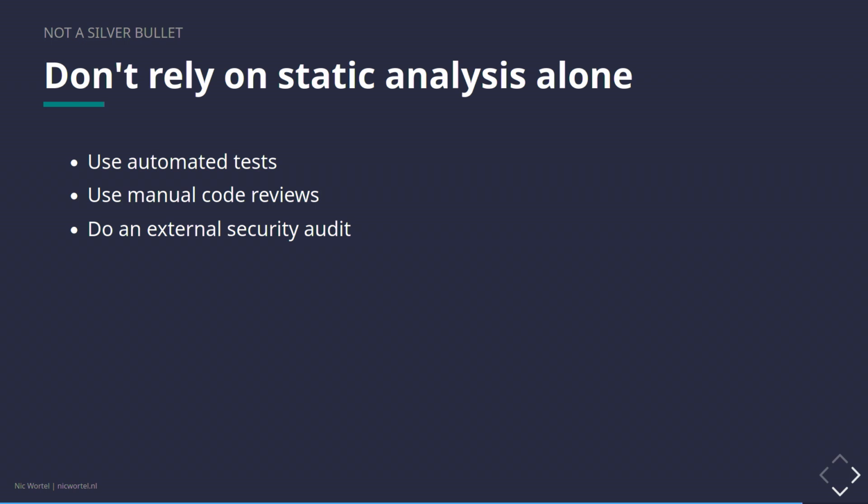Also, keep doing your manual code reviews and keep having an eye on security in those, because static analysis will not be able to discover everything, and some things are only seen manually. And it can make sense to do an external audit to go a little bit deeper into the security and also check the things that can only be discovered when actually executing the code.